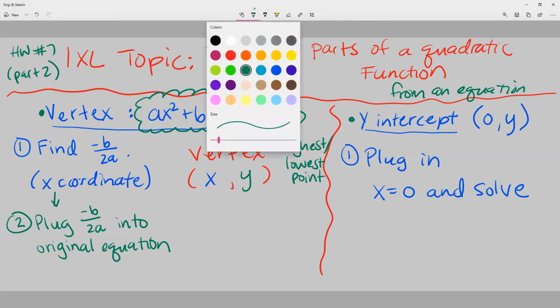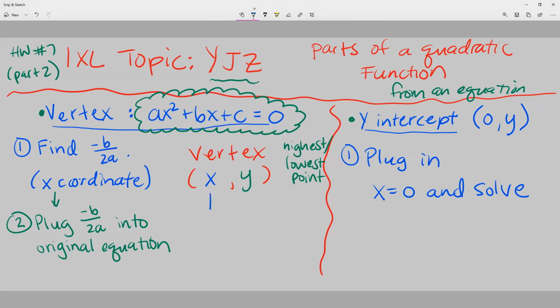So the other things that this tells you, once you know the vertex, is you also know what the axis of symmetry is. And that's the equation x equals whatever this number is. So some of the questions are going to ask you to find the axis of symmetry, and it comes from this x value. Then if you look at the y value, that also gives you information.